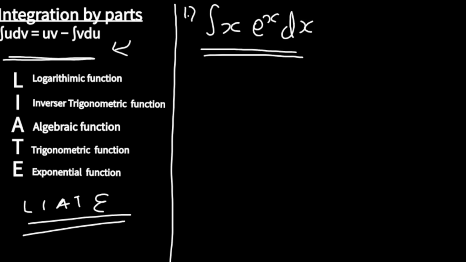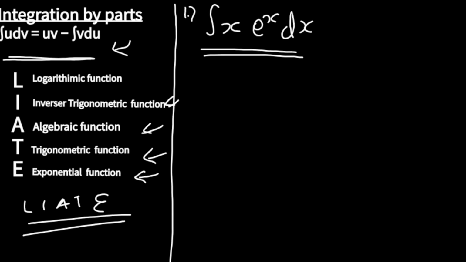In LIATE, L stands for logarithmic function, I stands for inverse trigonometric function, A stands for algebraic function, T stands for trigonometric function, and E stands for exponential functions.